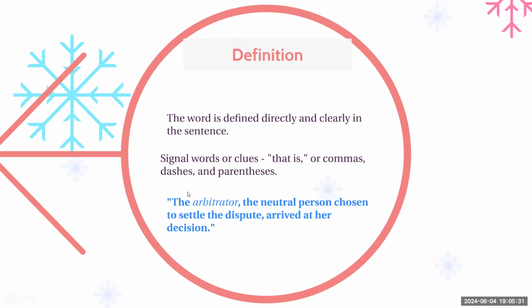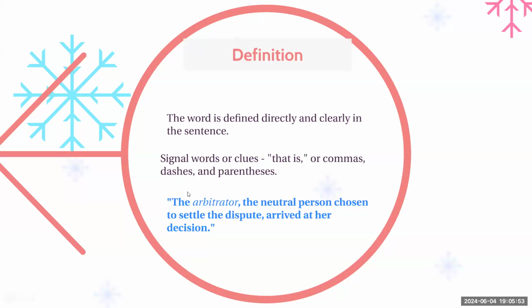The arbitrator arrived at her decision. The sentence makes sense, but it doesn't tell us who the arbitrator is. So in this case, the arbitrator, the neutral person chosen to settle the dispute, that's the two commas, right? The first comma, then the meaning, then the next comma.